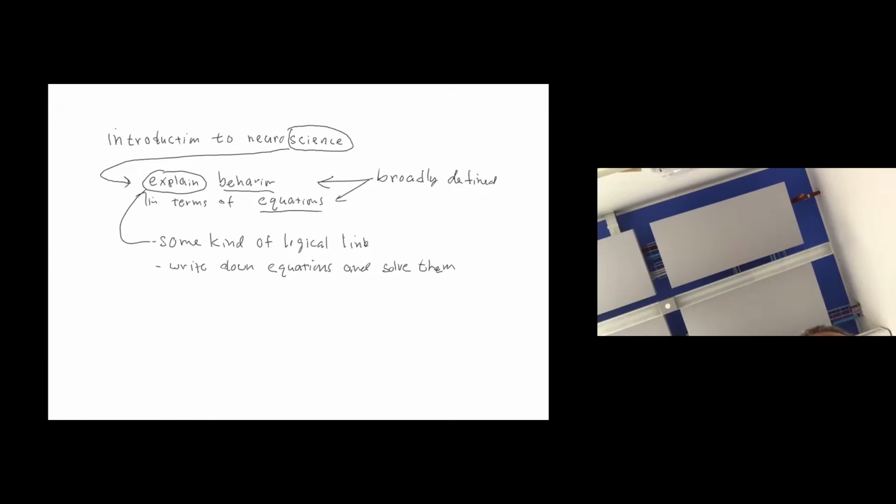So I'm going to give two examples. The first one is kind of easy. You're sitting on a cliff and you take a ball and you drop it from height h, and it falls and hits the ground.